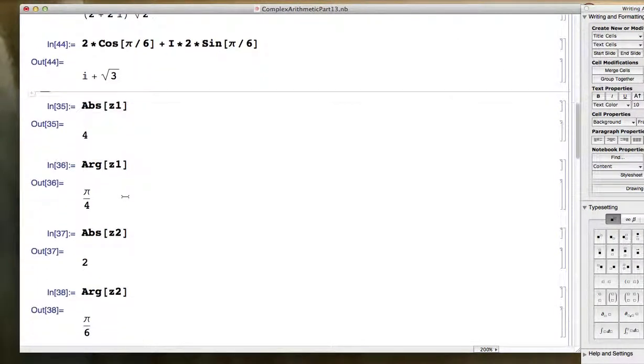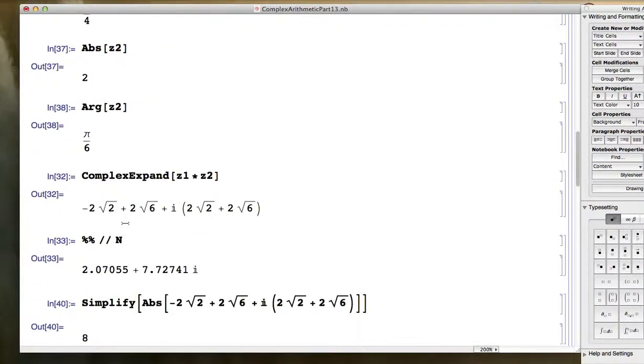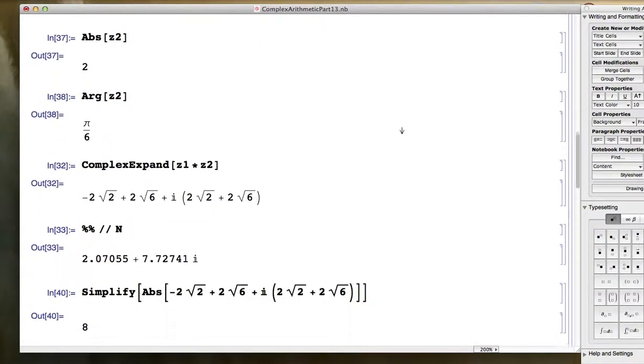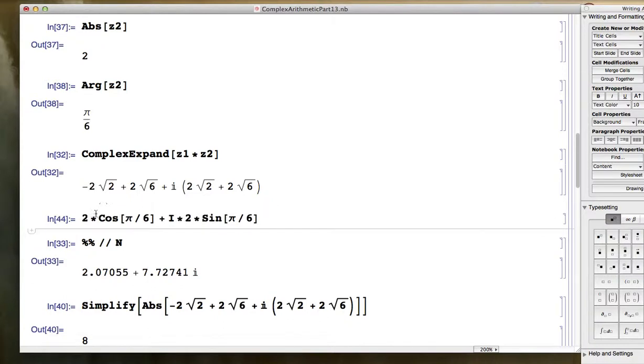And how about the answer? I know the answer had a modulus of 8 and an argument of 5 pi over 12. Let's actually put it down here.